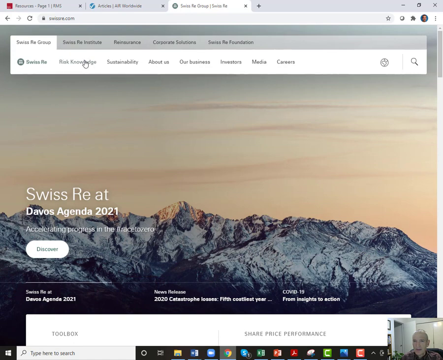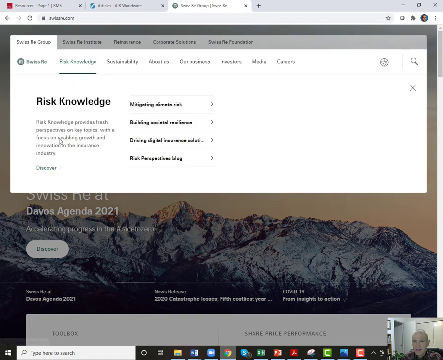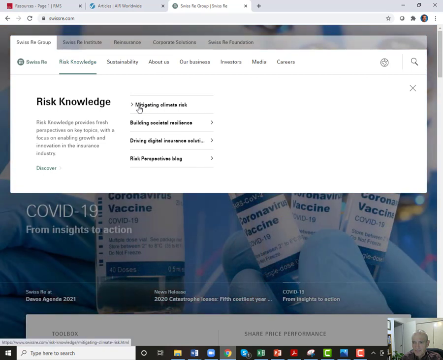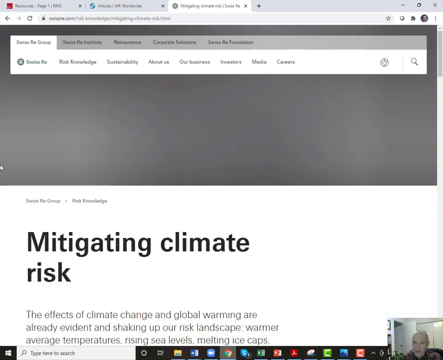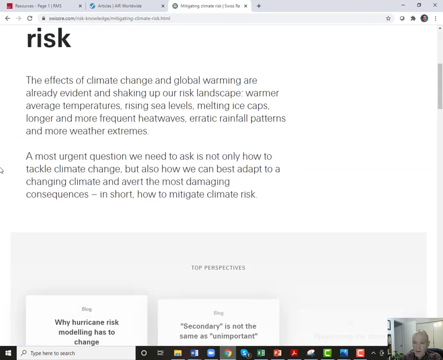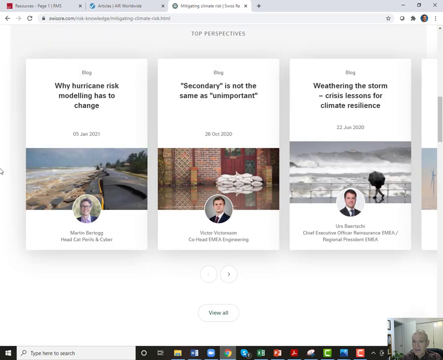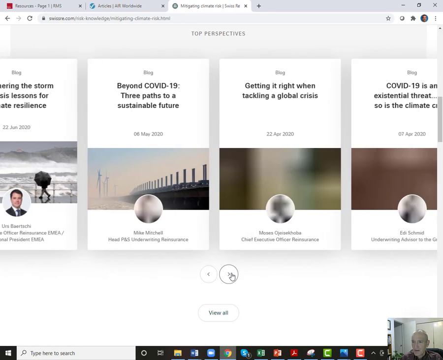So they have a risk knowledge site. You can see all the topics that they have there. Mitigating climate risk. So obviously globalization, global warming is a huge issue for Swiss Re because they're insuring this, and so you see some of these topics that they're really focused in on.